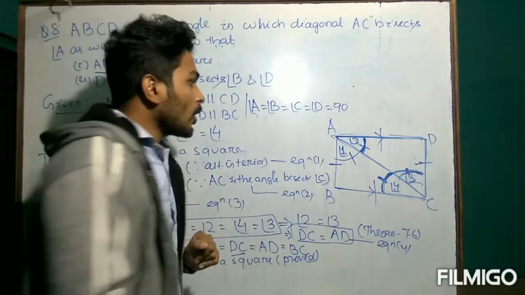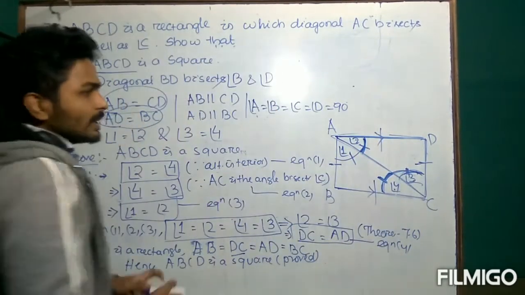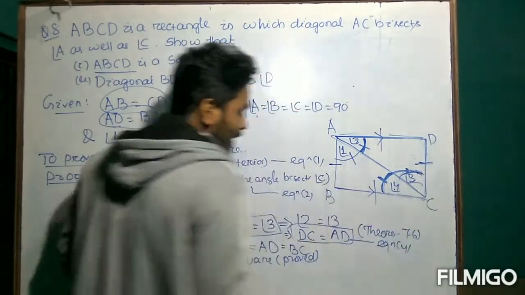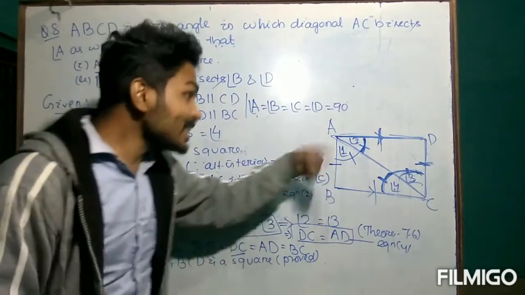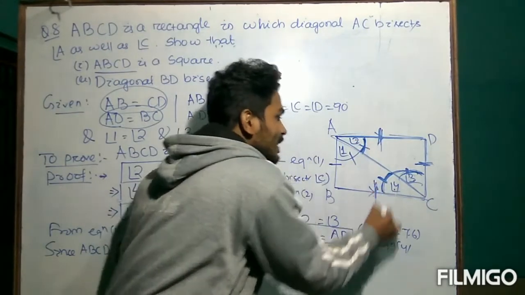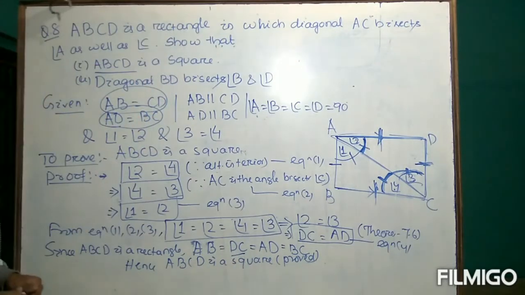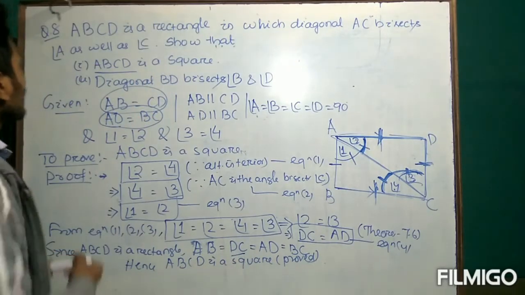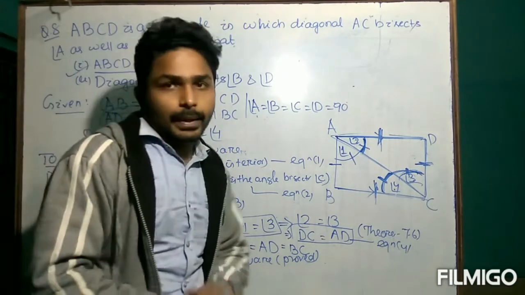Already we know that this side is equal to this side, since it is a rectangle. It means all the four sides are equal. It is a square. So we have proved the first statement. Let us understand the second statement.